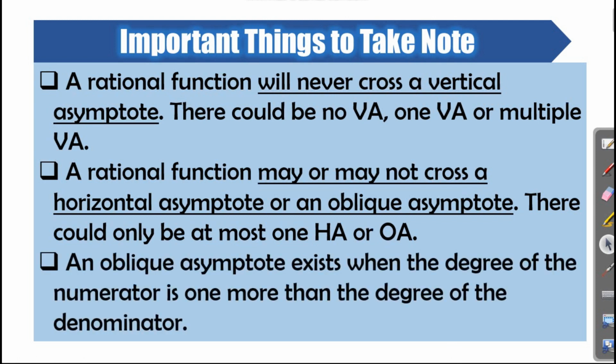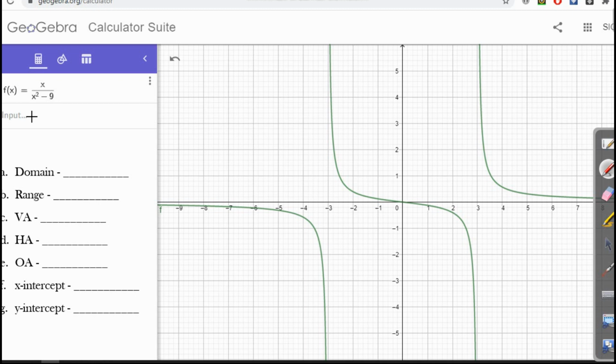Third, an oblique asymptote exists when the degree of the numerator is 1 more than the degree of the denominator. For this third example, as you can see, we have linear in the numerator and quadratic in the denominator.